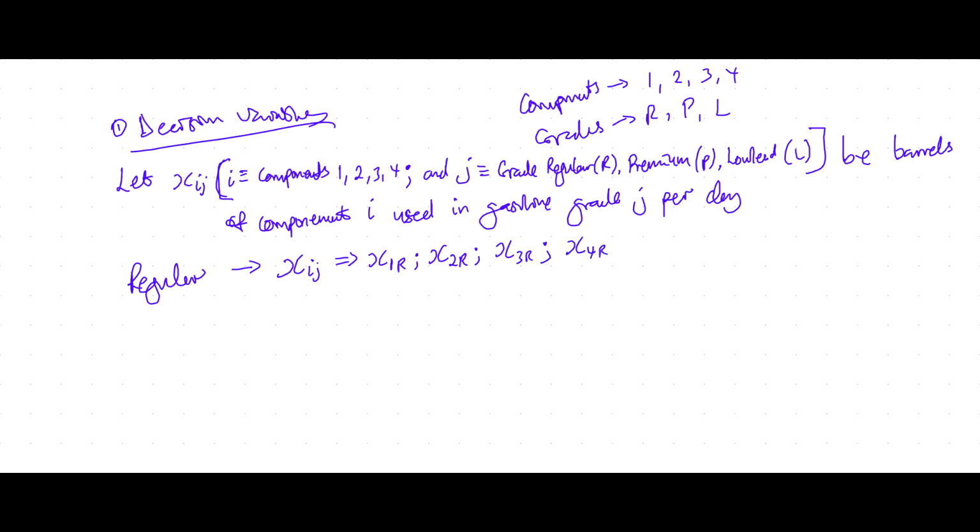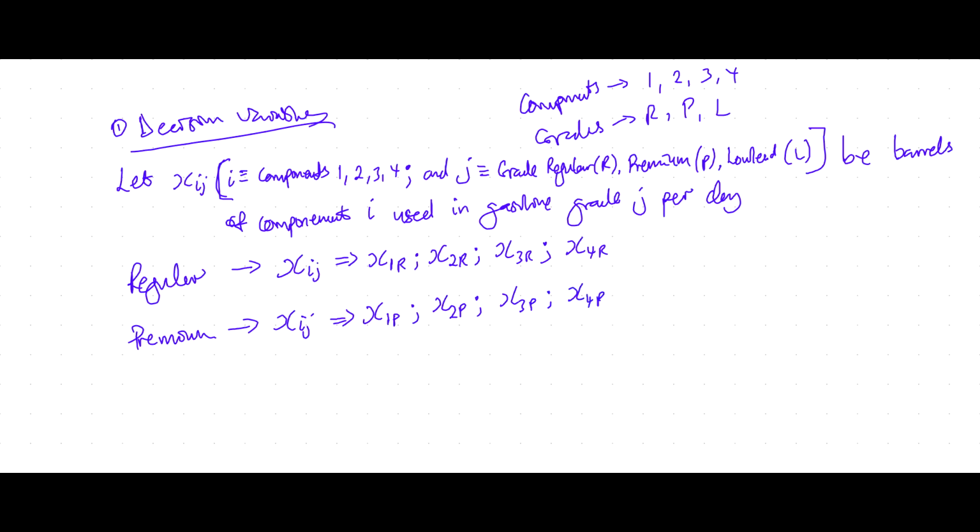Then when we take premium, the decision variable is still Xij, which is X1P, X2P, X3P, then X4P.